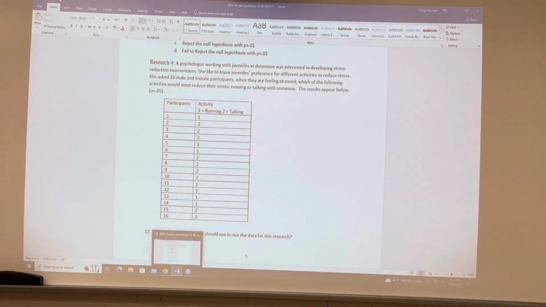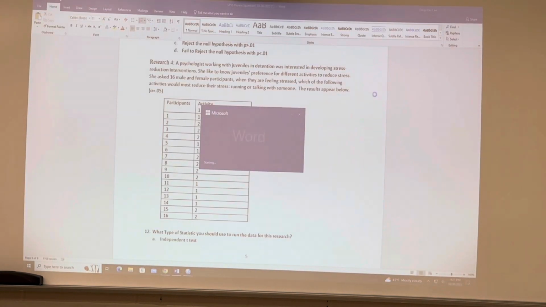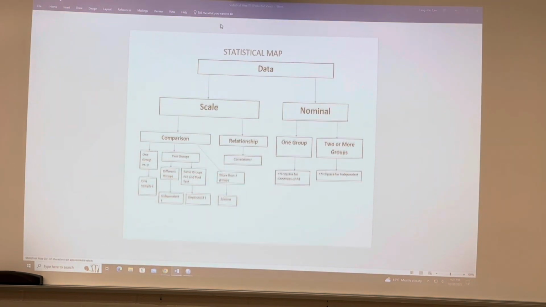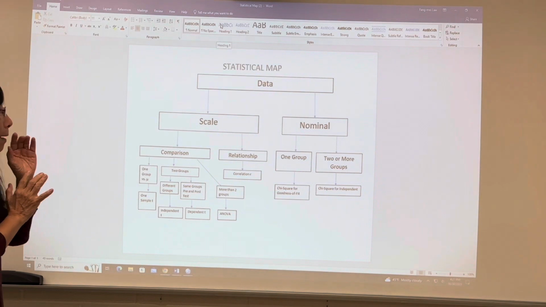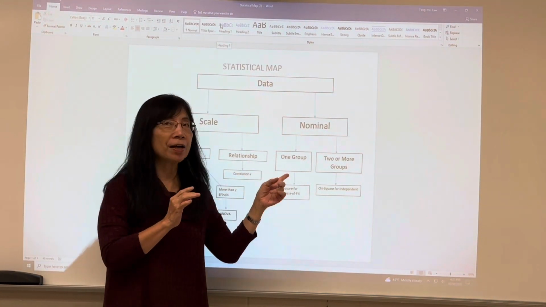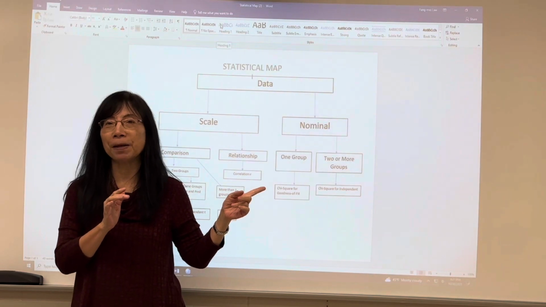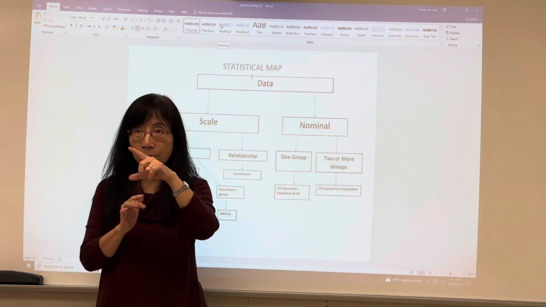Okay, let me print out the map. Okay, so now, Lily's thinking may be right, but maybe I should change the words to 1 variable or 2 variables. Maybe that's a better way. So 1 group here means 1 variable.